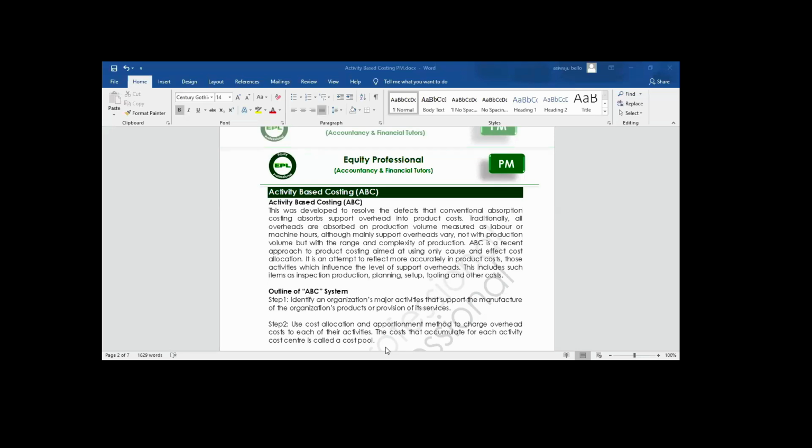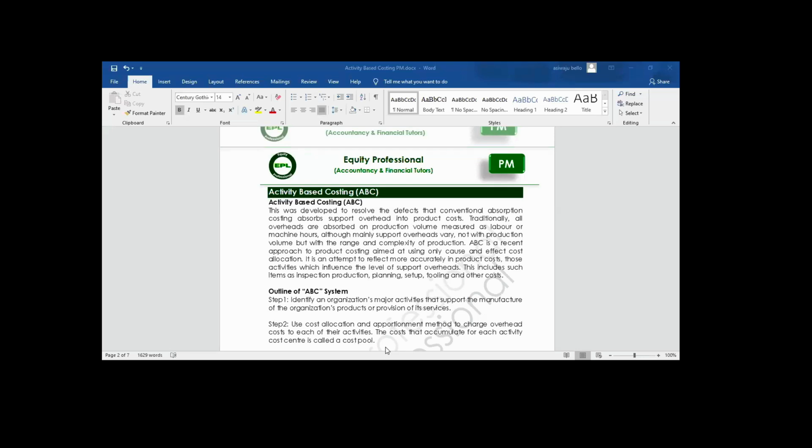Any cost incurred that can be traced to a bottle of Fanta will be allocated directly to a bottle of Fanta. Any cost incurred that can be traced to a bottle of Sprite will be allocated directly to a bottle of Sprite. Direct costs do not create accounting problems.